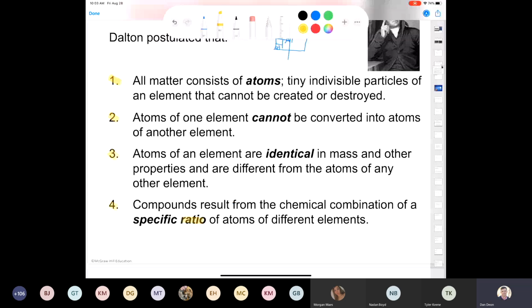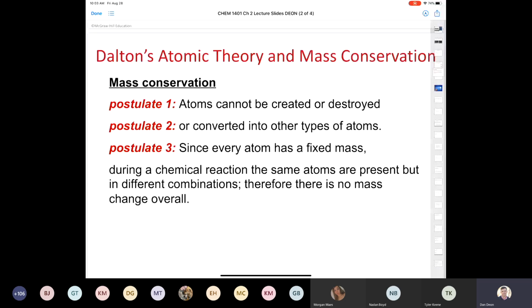All right, well, what's neat about Dalton's atomic theory, and I don't want to spend a lot of time on this, you can maybe spend some more time reading this in the textbook. I'm not going to ask you a million questions about how Dalton's atomic theory was used to explain the law of mass conservation. So we said that matter can't be created or destroyed, so the mass of the reactants is going to be equal to the mass of the products, and you see how that is in line with Dalton's atomic theory.